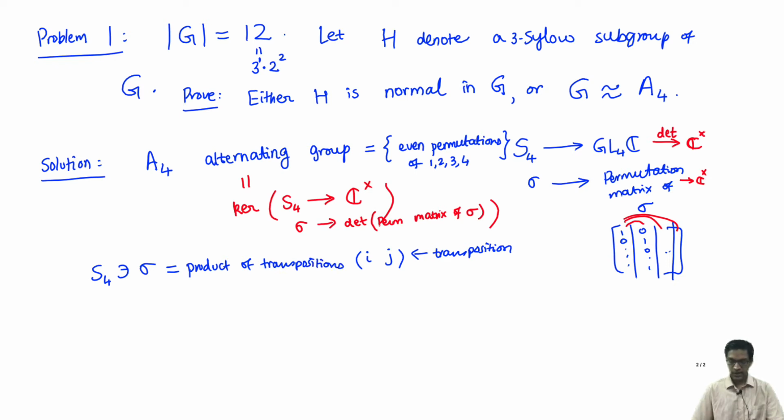Okay, this in general. We say that a permutation is even if it can be written as a product of an even number of transpositions.